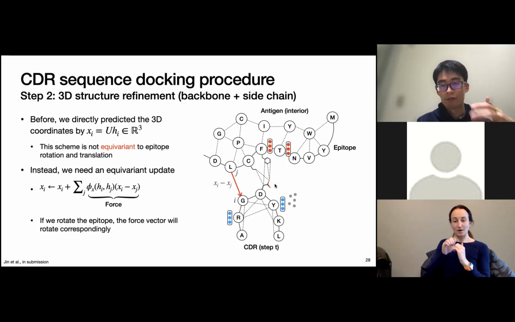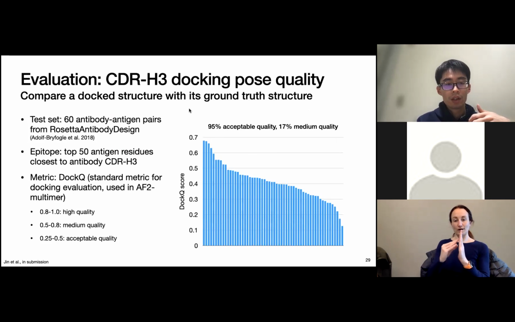And that's how we apply this iterative refinement. Now we want to do some evaluation. We want to see, if I have this docked structure and compare it to its ground truth structure, how would that look? Here we again use the benchmark data set from the Rosetta antibody design, and we take the top 50 antigen residues as our epitope.